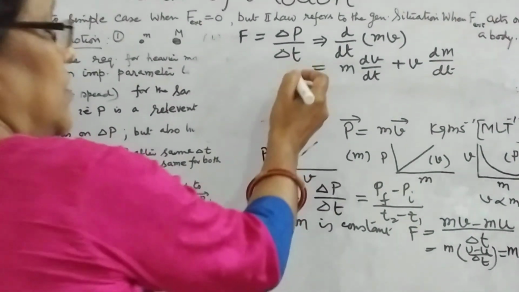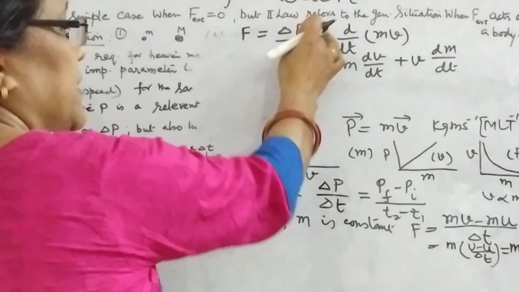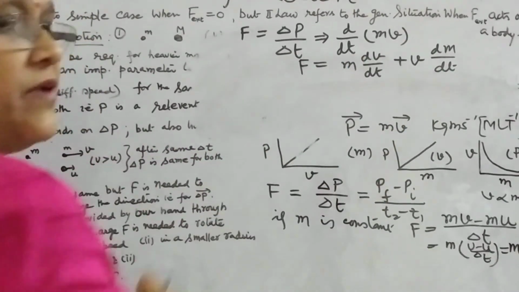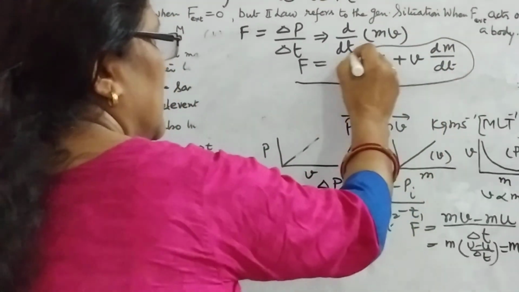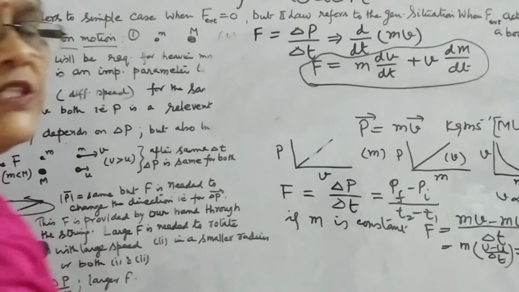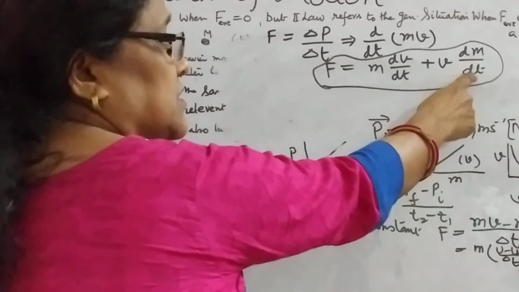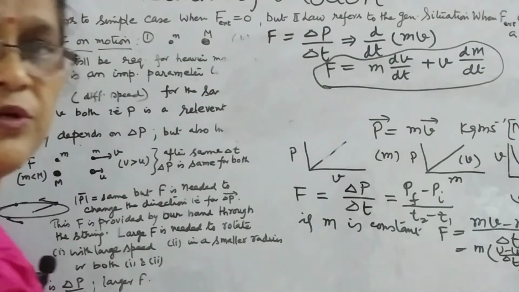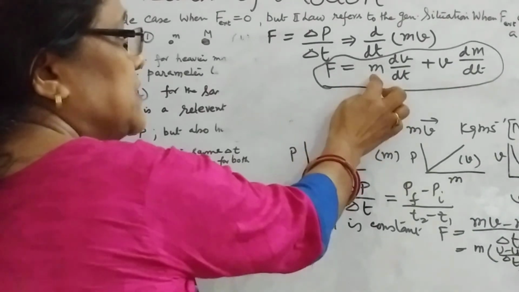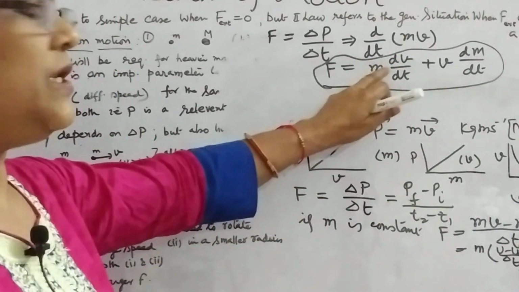Now look, if you write delta p by delta t in this way, then this is the perfect equation for the second law of motion. How can you say this? If m is not changing, it is constant, then dm by dt will be 0. And what will you get? m into a, since dv by dt is acceleration. Then this will be only ma.